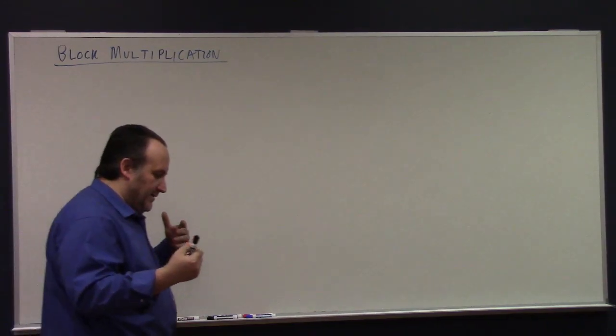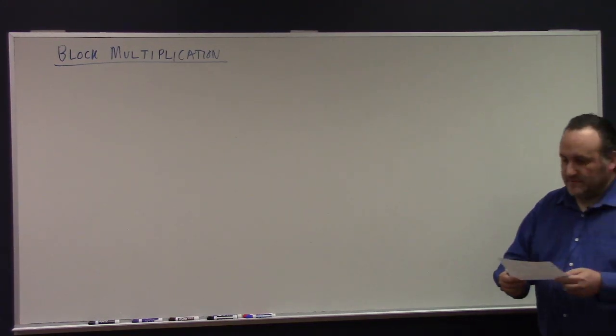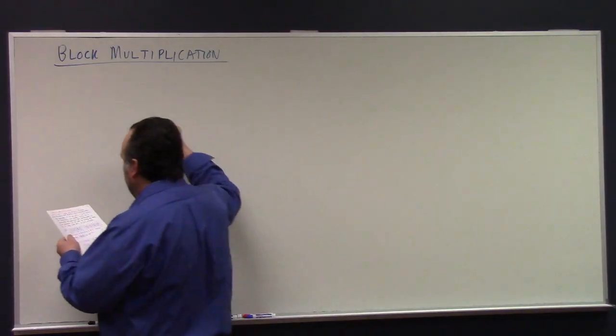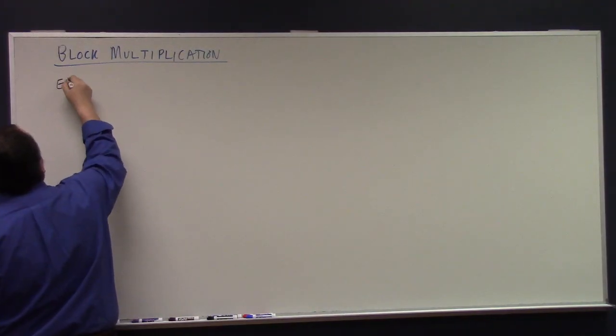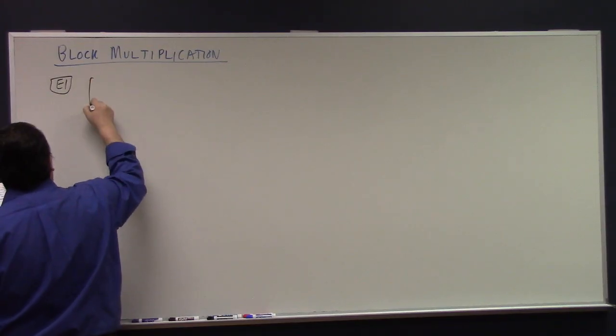Anyway, block multiplication concerns matrices where you have a way of parsing the matrix into submatrices of matching sizes. The simplest example, besides the column by column multiplication we already talked about, would be something like this.